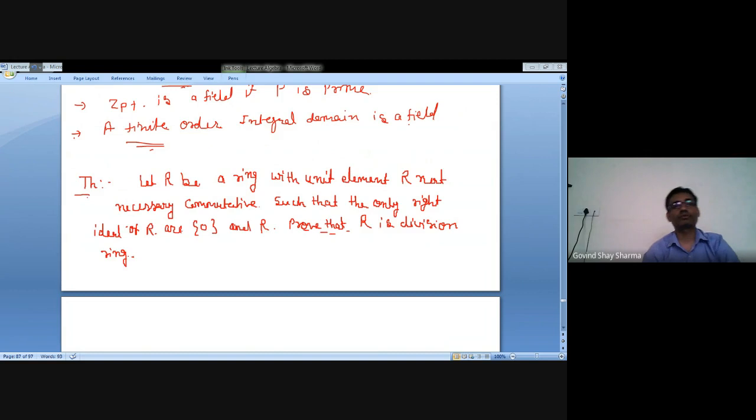Now we have to show that R has a unit element, is not necessarily commutative, and has only right ideals R or 0. Then we will show that R is a division ring.